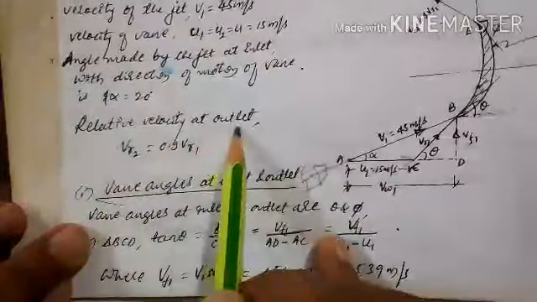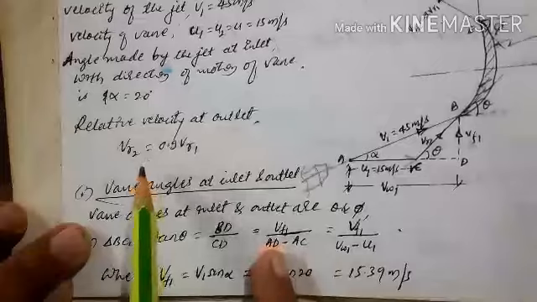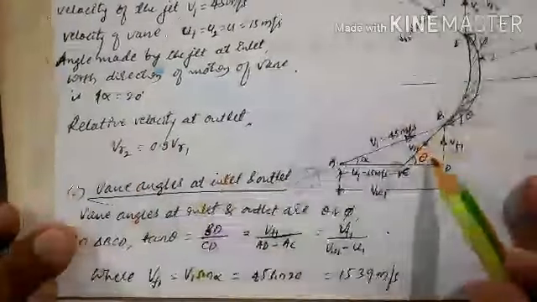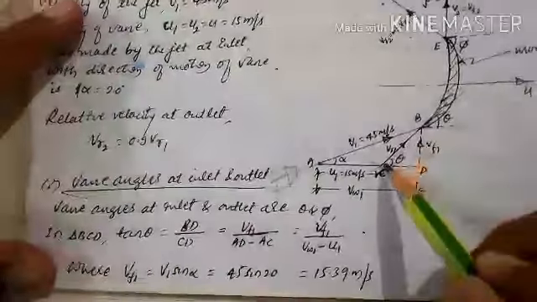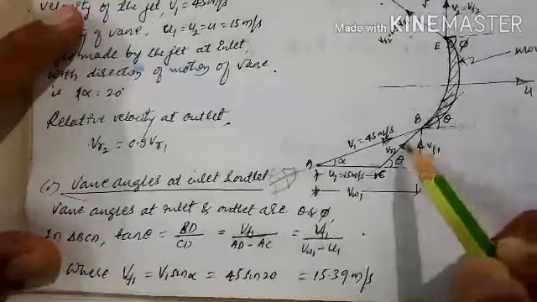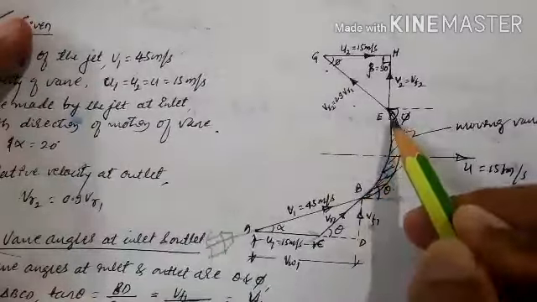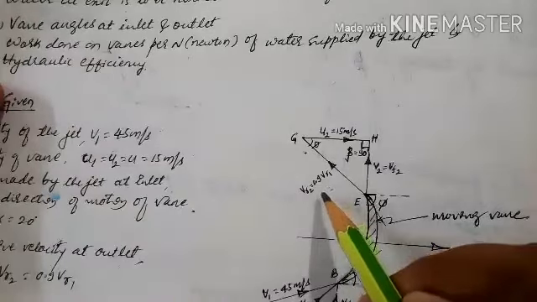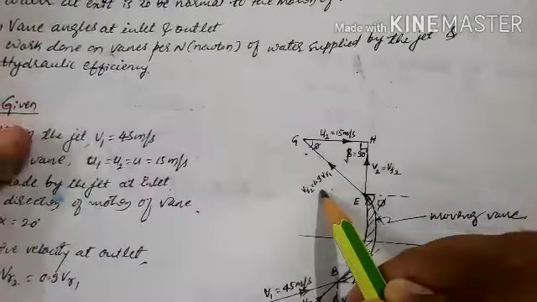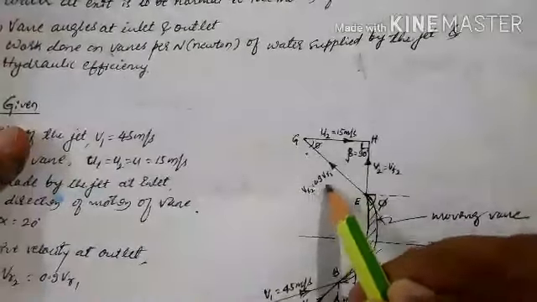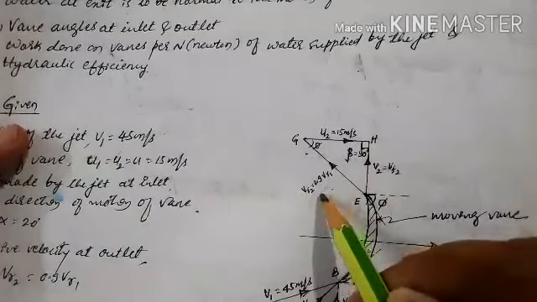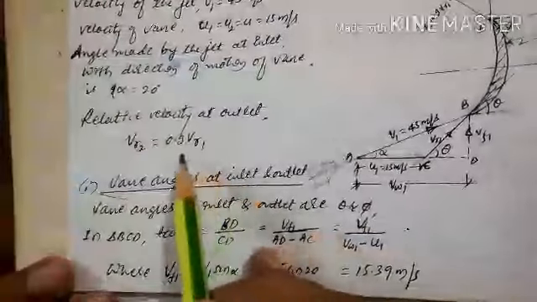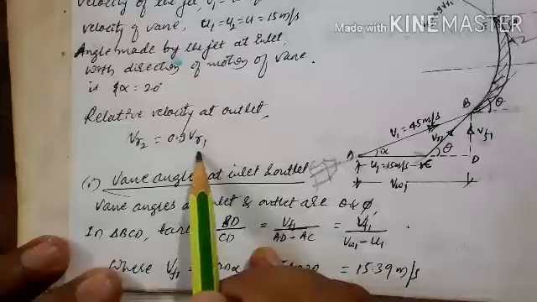Then the relative velocity at outlet: the jet strikes at inlet with VR1, but when it glides over the surface, because of some losses, at outlet the relative velocity is only 90% of the inlet relative velocity. Hence VR2 is 0.9 VR1, as given in the problem.